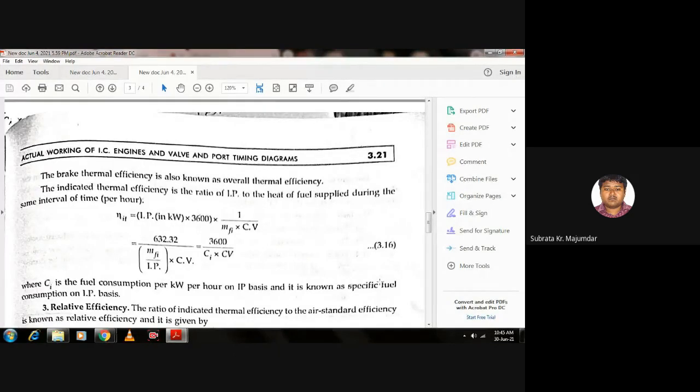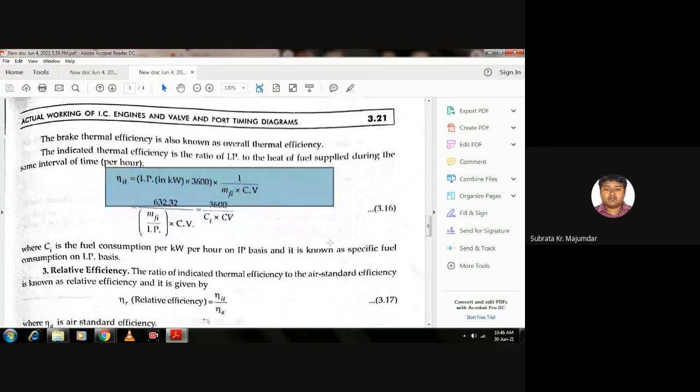So, indicated thermal efficiency can be written as eta_IT equals IP into 3600 divided by m_FI into CV. This C_EI is the fuel consumption per kilowatt per hour on IP basis, known as fuel consumption on indicated power basis.